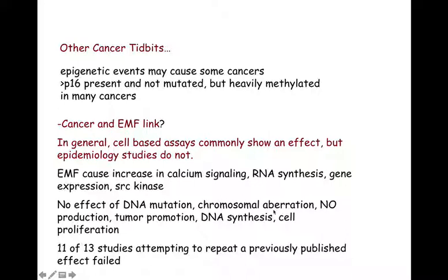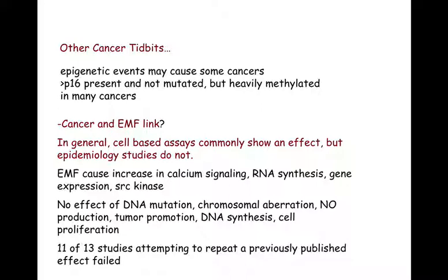Or big chromosomal breaks, like in Burkitt's lymphoma we talked about, or in how much nitric oxide is produced, or the likelihood of tumors being produced in cell culture or in animal models, or in changes in DNA synthesis, just entering the S phase, in other words, cell proliferation, those sorts of things.